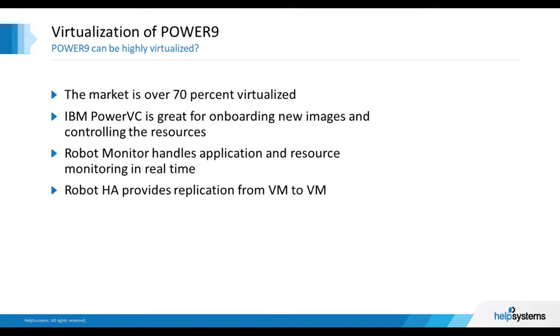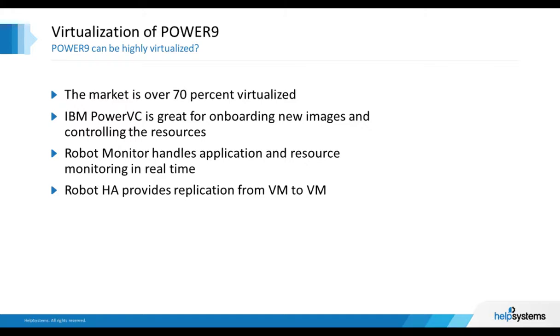But before we do that, just to remind you that over 70% of the IBM i customers out there run some VMs in their network. IBM PowerVC is a great tool for onboarding new images and controlling your resources, as Tom K demonstrated today.